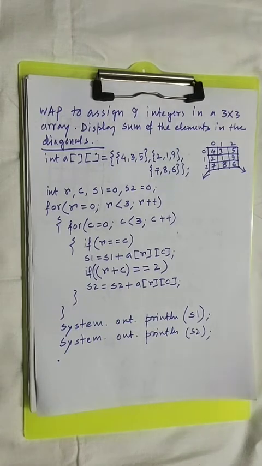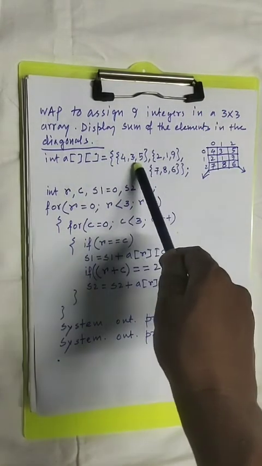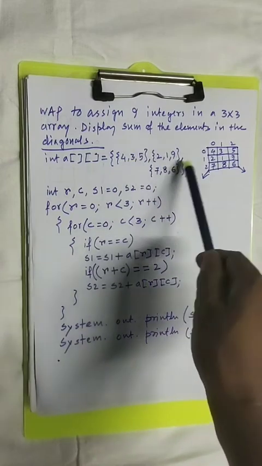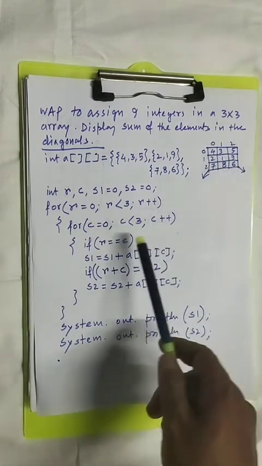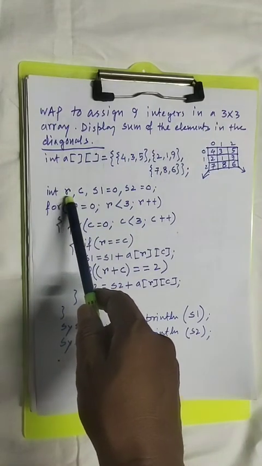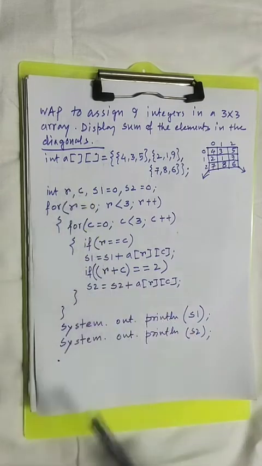Hope you understand this. Here we have created the array and assigned the values in the array. Like this, one array will be created. Then we have taken variables R, C, S1, S2. R and C I have taken for row number and column number.